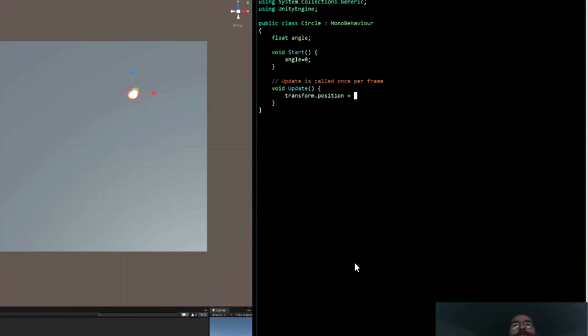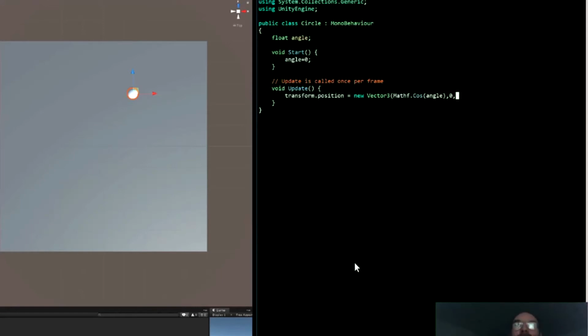And then here, what I'm going to do is transform dot position equals new Vector3, and we need an x and a z. I suppose because this is the x and this is the z, the y is coming at the screen.